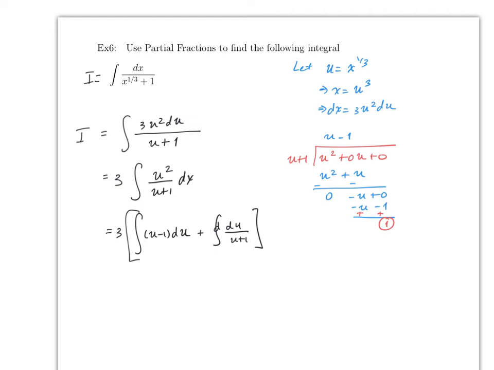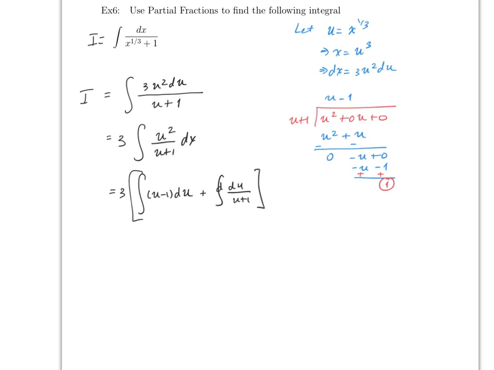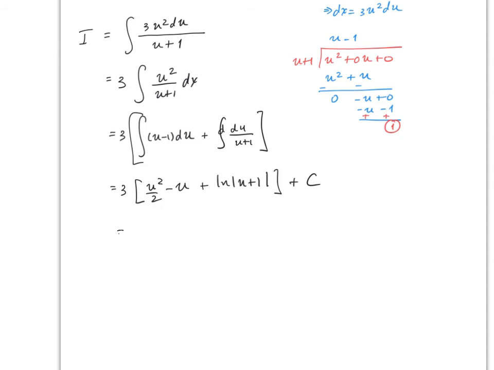Okay. And these integrals are pretty easy to do, so this will be 3 times: the integral of u is u squared over 2 minus u, and then the integral of this one will be ln of u plus 1, and the whole thing plus c. And then just change back from u to x.